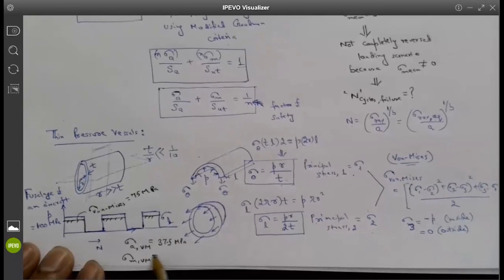And what is the mean? A 100 minus that, so 62.5. Not 100, because we are now dealing with von Mises stresses, not the pressure.